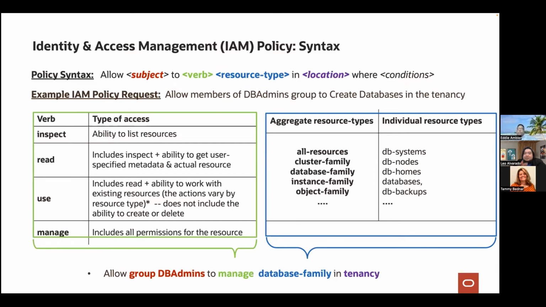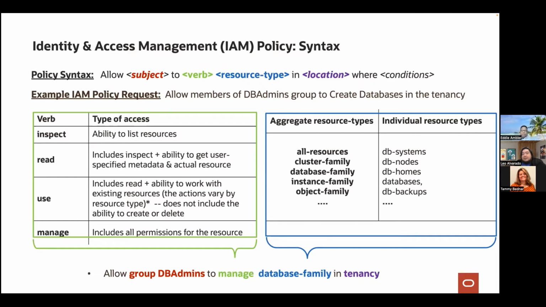So here you can see the first line is allow subject. The subject could be your created group. And then to a verb. If you look into the first column here, you'll see all the listed verbs. So this is the how. This is how you interact with your cloud resources, and you'll see the different types of access based on the verb that you put into your syntax.